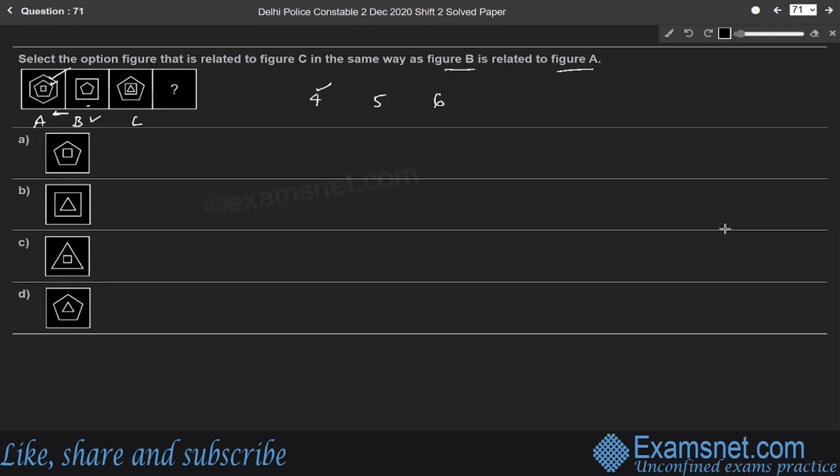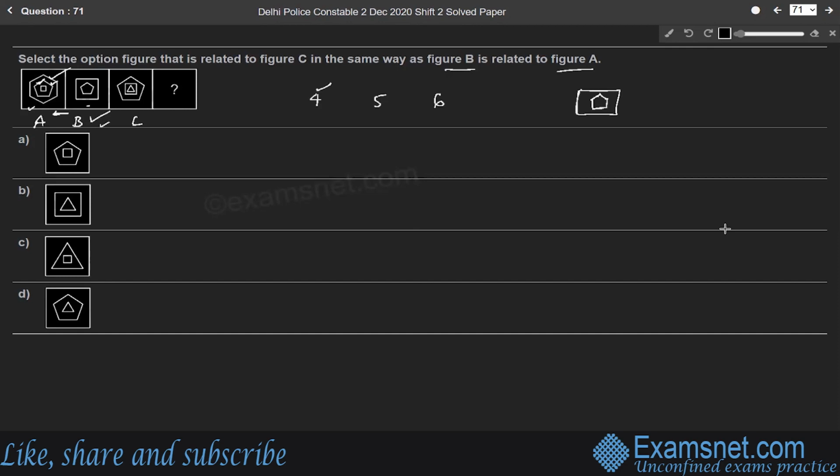So look at figure B, where inner shape will be the outer shape. Inner shape, that is, square will be the outer shape, and the middle shape will be the inner shape. Middle shape of figure A is a pentagon, so it becomes inner shape of the figure B, right?